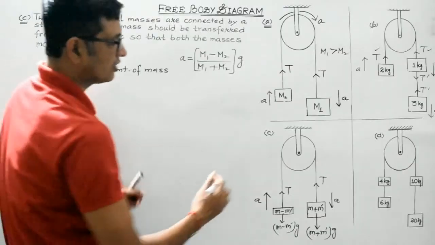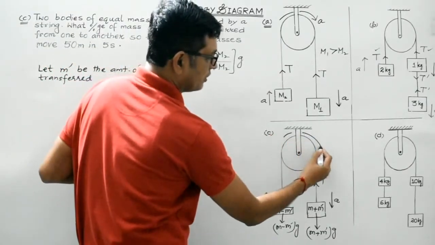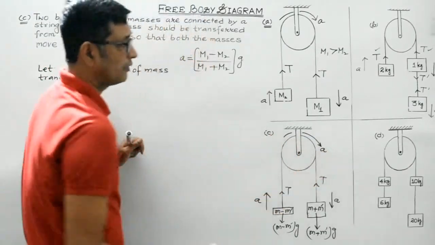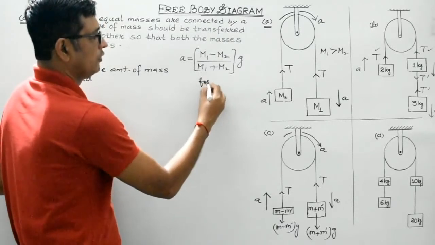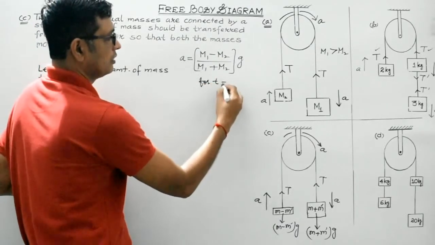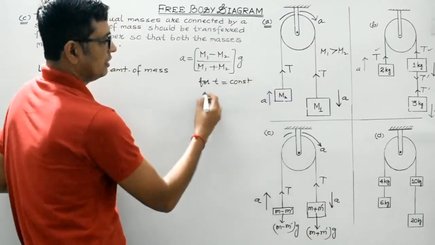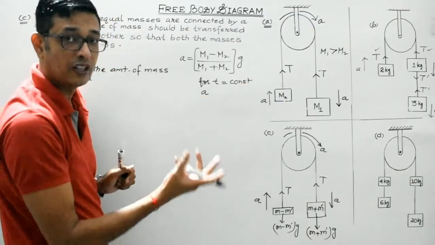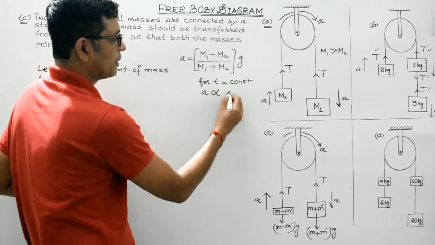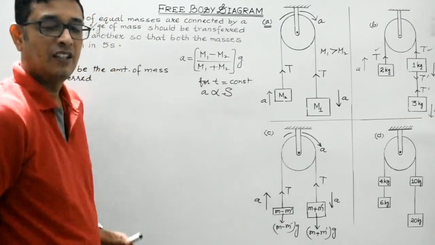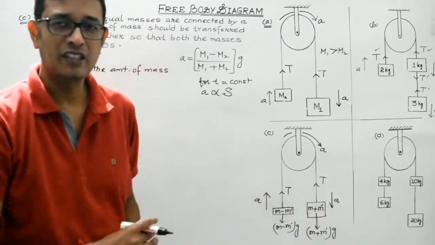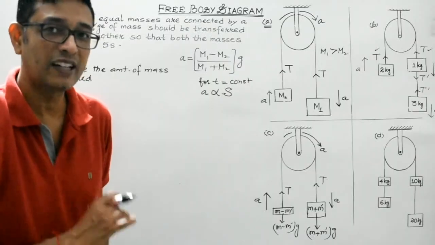So now, students, acceleration would be along this direction, obviously. And as I told you, for t equal to constant, the acceleration of each of the bodies in a given system is directly proportional to displacement. So both the bodies obviously will cover equal displacement in equal time.